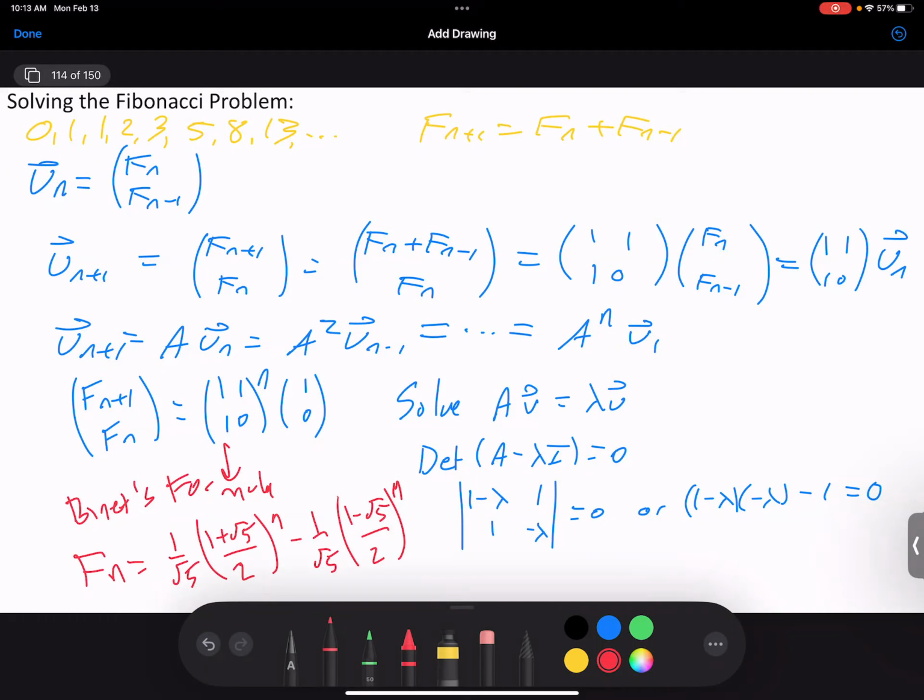Now, can somebody tell me roughly what's true about this number, 1 minus root 5 over 2? It's negative. Can somebody give me any information about this negative number? Is it around -8, for example? So it's a negative number, and it's greater than -1.